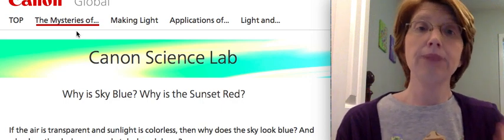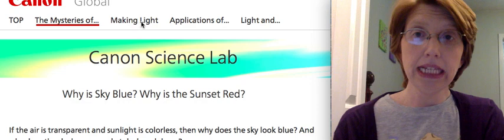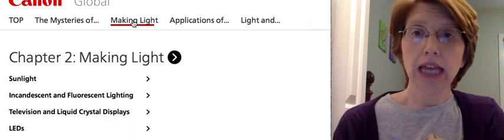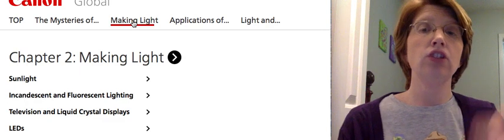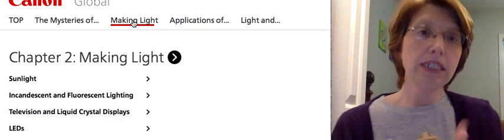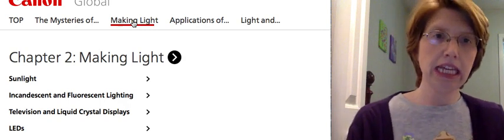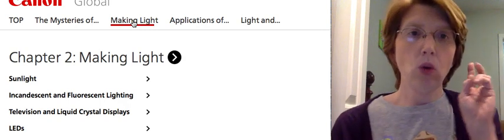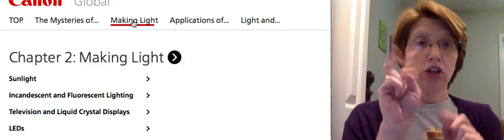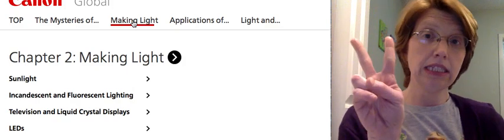So say, I went to Making Light and looked under LED. Okay? I went to Making Light and looked under LED, and then I want you to give me one thing that you learned. So you're going to give me 2 sentences at least.